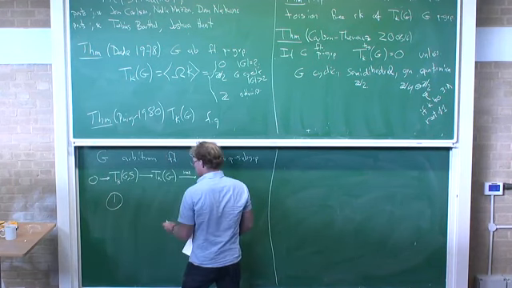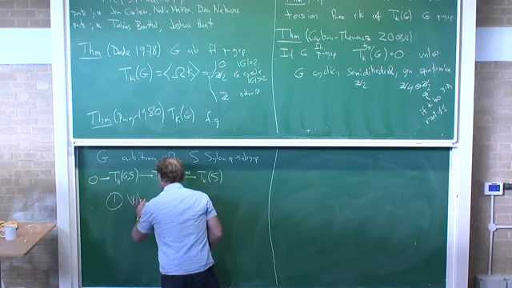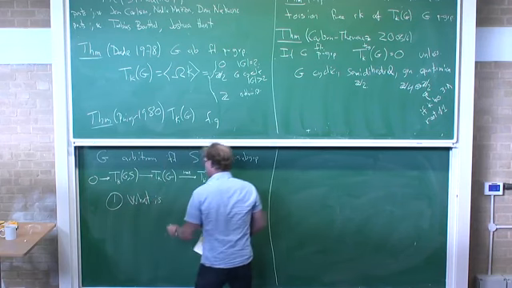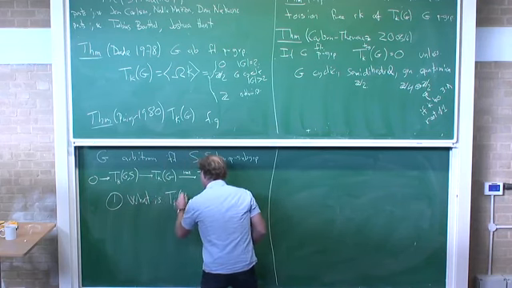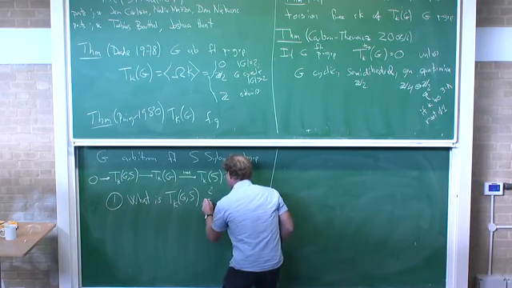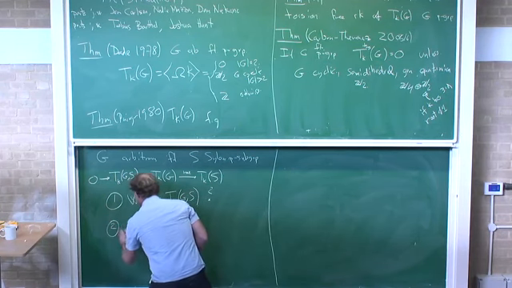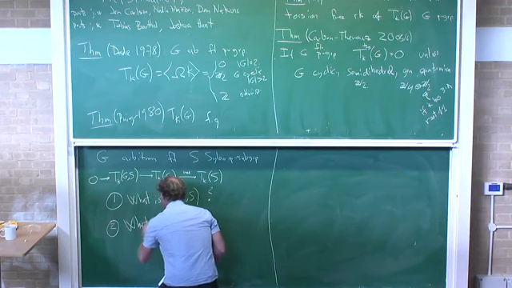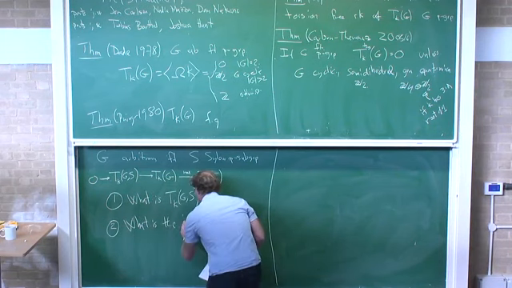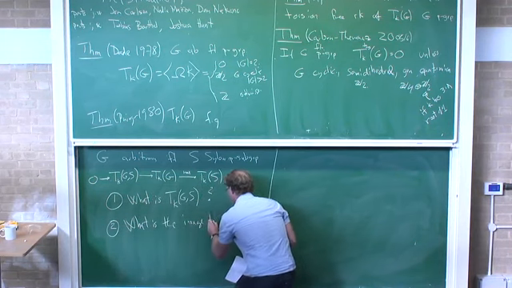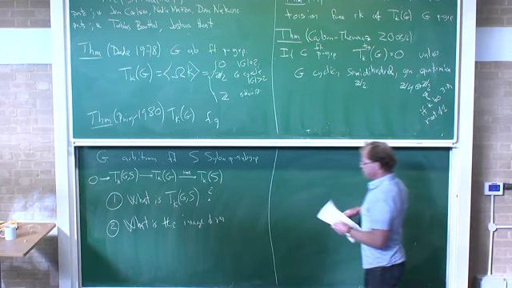And then question 1 is what is TKD, and what is it? It's the image of the restriction.